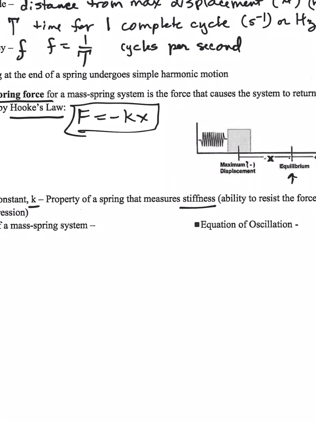All right. So what is the period of a mass spring system? We've got certain things we need to talk about. We've got X. X, of course, is our displacement. K is our what? Spring constant.